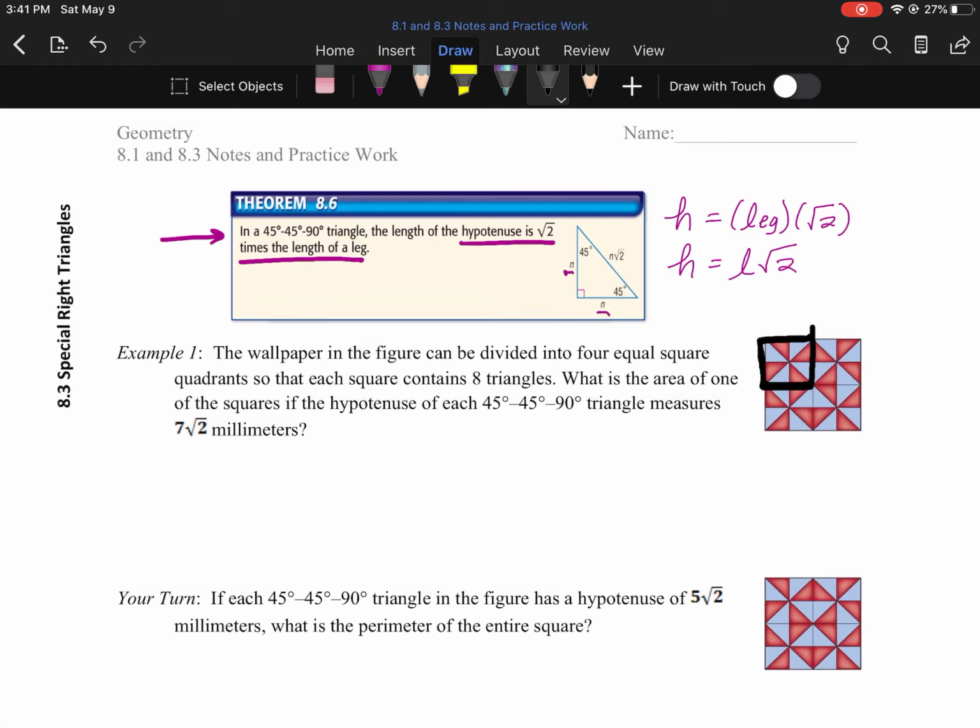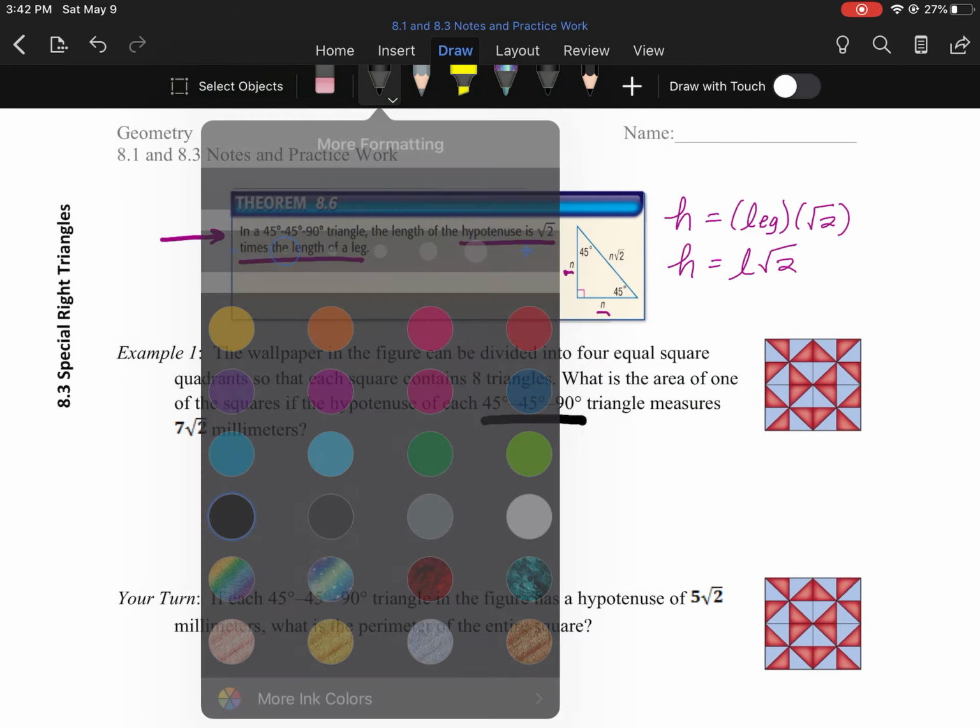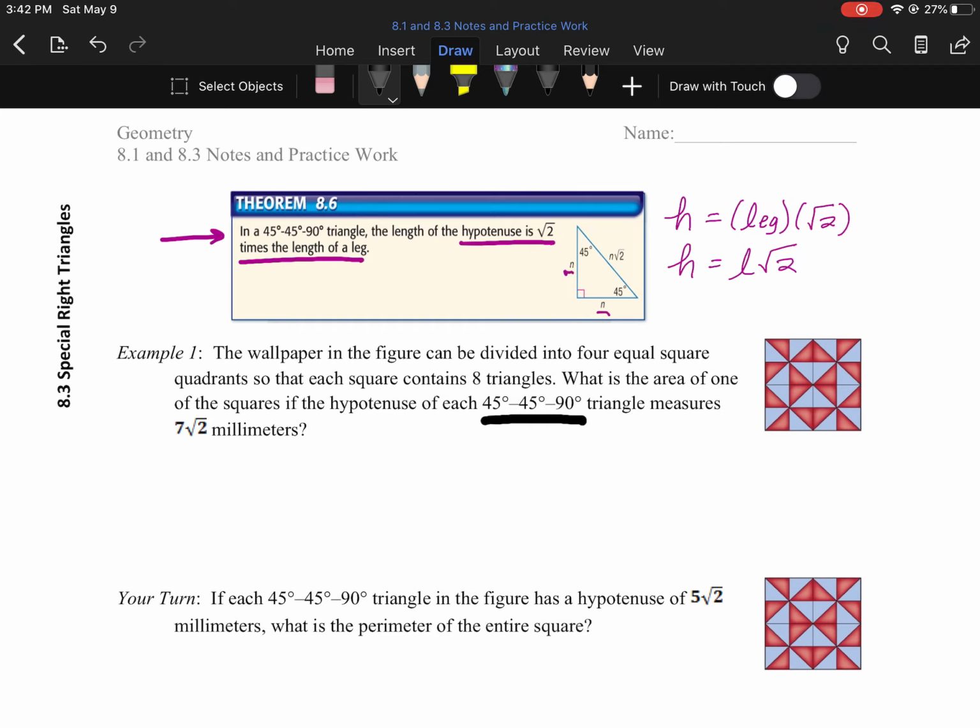It says the hypotenuse of the 45, 45, 90 triangles. One of these little triangles, they're all right triangles and they're all the same. We're going to have to find the area of one of those first and then multiply by 8, and then we'll have the area of that whole square. Okay, so let's start with that.